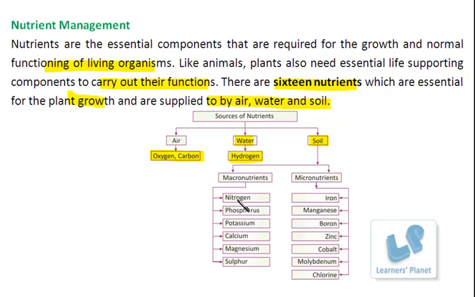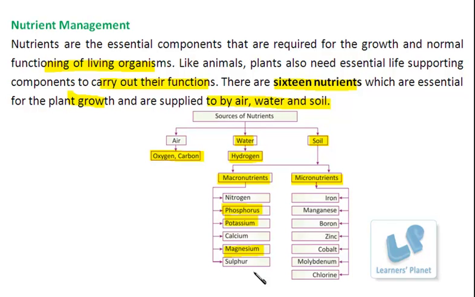Out of these 13 nutrients, some are required in high concentration and some in less concentration. Depending upon the concentration required by the plant for growth, they are classified as macronutrients and micronutrients. Macronutrients are nitrogen, phosphorus, potassium, calcium, magnesium, and sulfur.